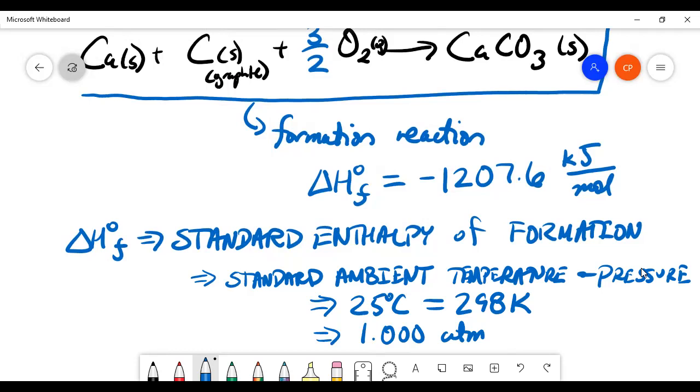And I'll use SATP much more often than I'll use STP personally, even though STP turns up an awful lot in the homework. The degree sign on delta H represents standard. The subscript F represents formation.